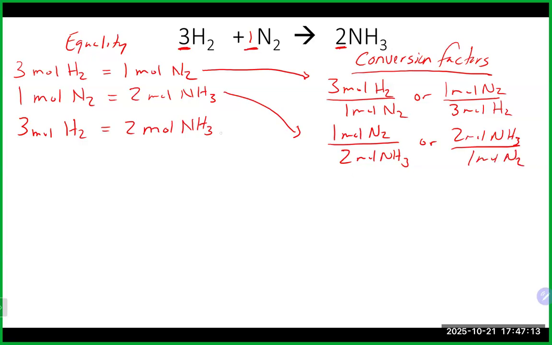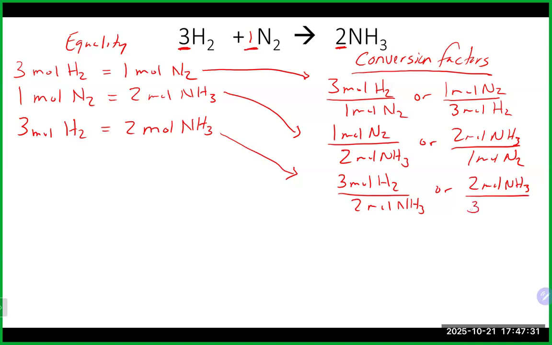And lastly, from this last one here, we could say 3 moles of H2 over 2 moles of NH3. Or we could flip it around and go 2 moles of NH3 over 3 moles of H2.